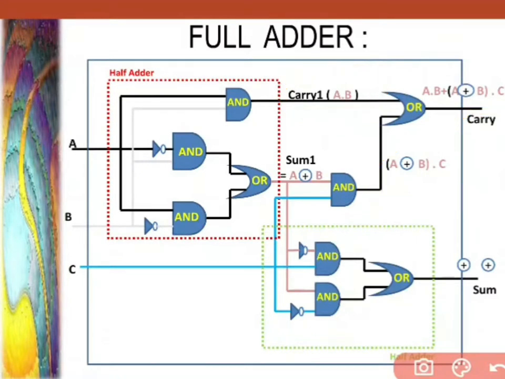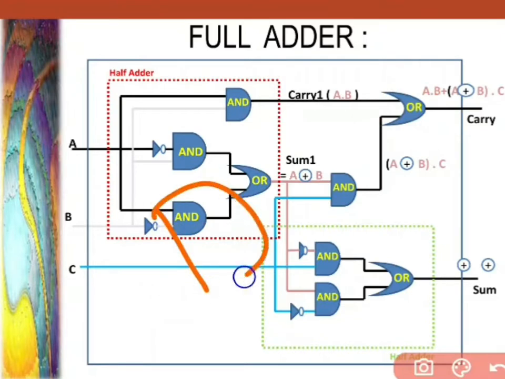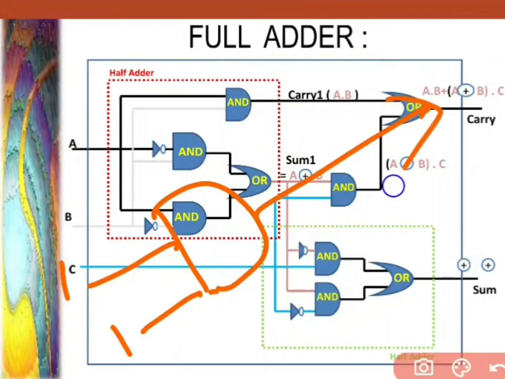Why are we using an OR gate here? Because OR provides a value when any of the carries is present, and that carry is forwarded. An AND gate would require the carry to be 1 in both places before forwarding it.